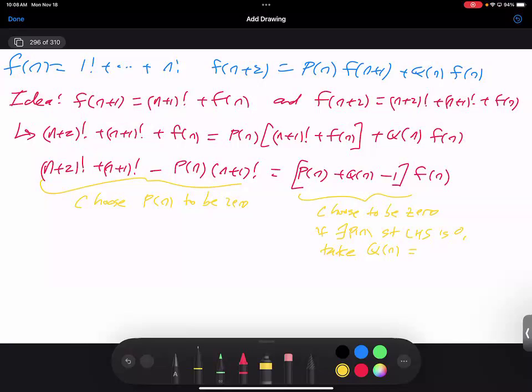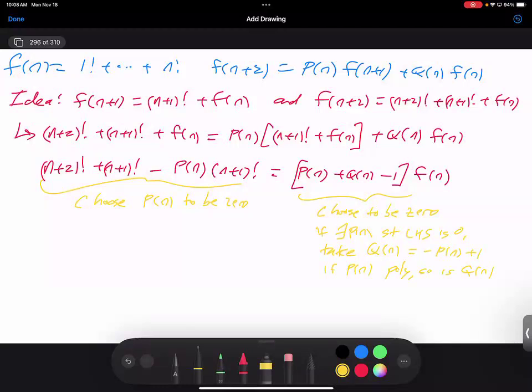So what should Qn be if we want that coefficient to be 0? Negative Pn plus 1. And so if Pn is a polynomial, Qn will be a polynomial.